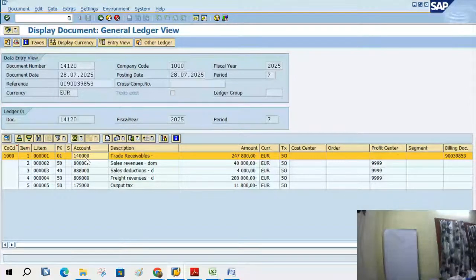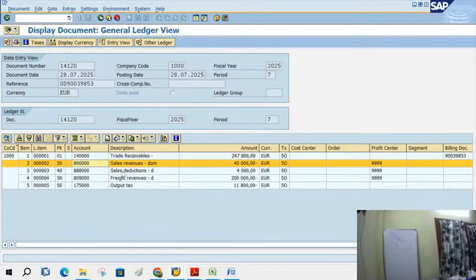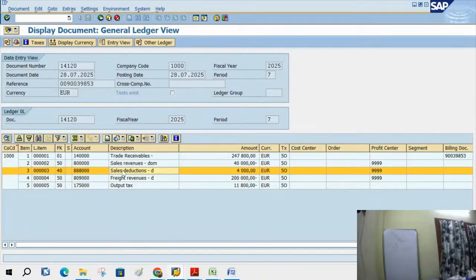Please write down these five GL accounts. One, 40,000. Sales revenue is nothing but your PR00 money will go into 800,000. Clear? Discount, K007 condition type, that amount 4,000 will go into 888,000.